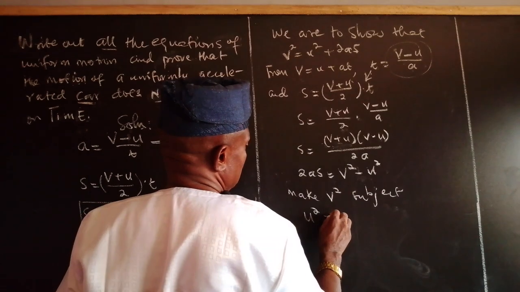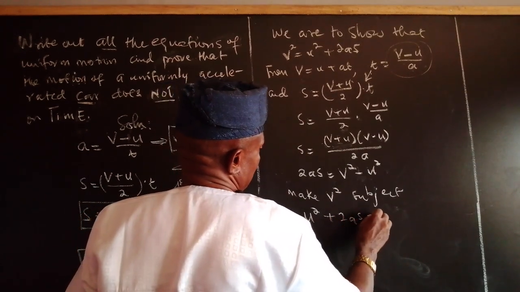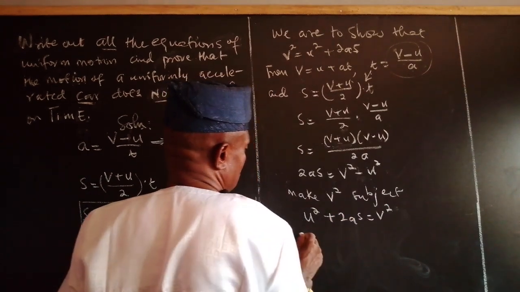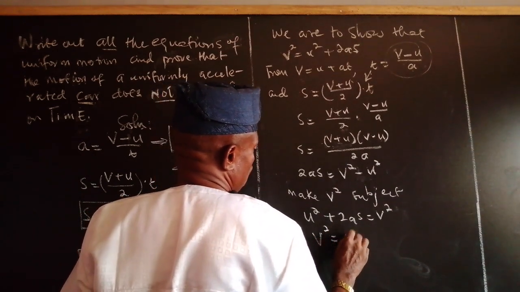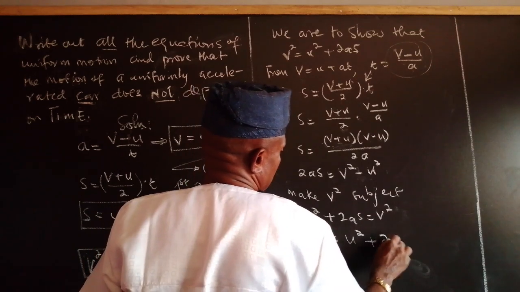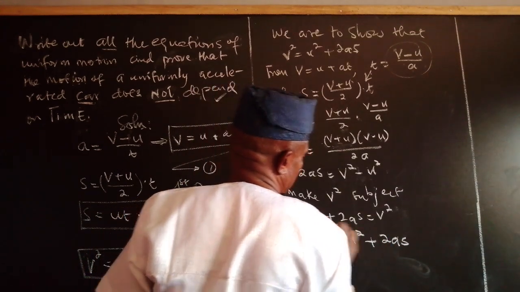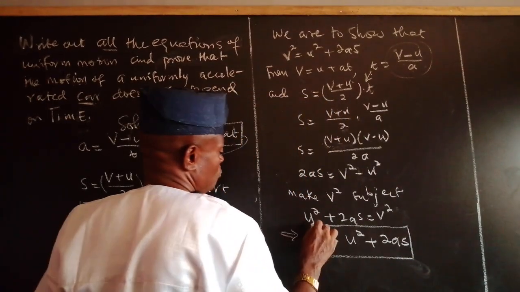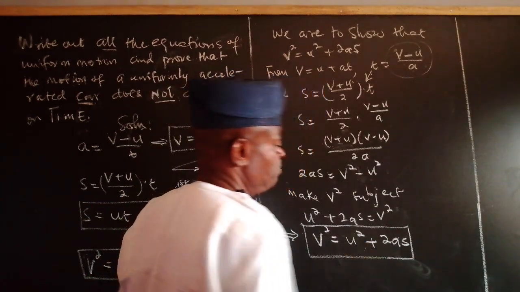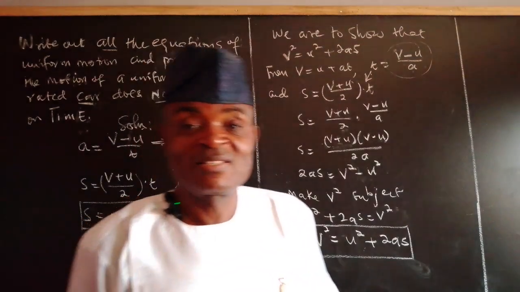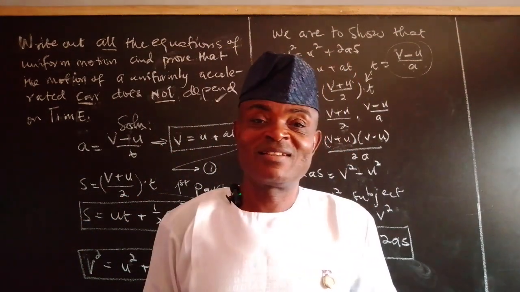So we have u squared plus 2as equals v squared, which simply means that v squared is equal to u squared plus 2as. And that gives us the third equation that they want us, that is not time dependent, as a requirement for the question. Hope you learned something.